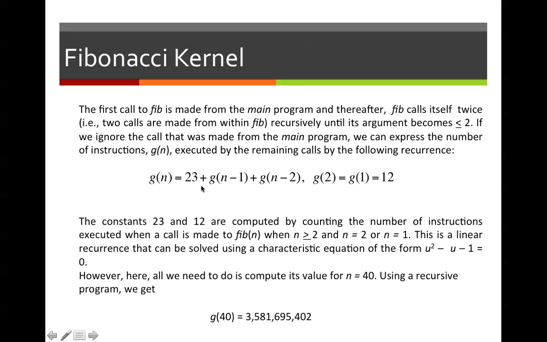So if you just compute this by way of a C program, just like the Fibonacci computation itself, then you get Gn. The way to do that is to substitute n equals 40 and make the computation, and that happens to be this, I guess, 3,581,695,402 instructions get to be executed.